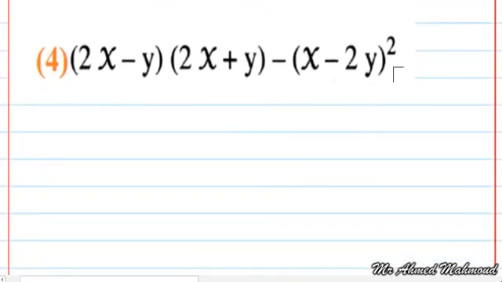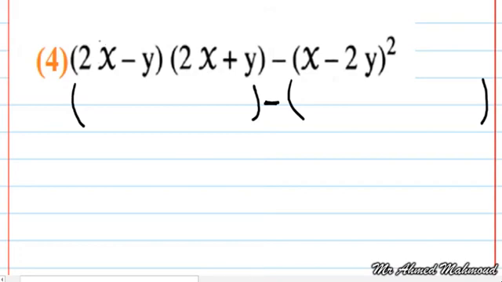This one is also like the previous one. I'm going to expand the first two brackets here, between two brackets, minus bracket to the power of 2 here between two brackets. This one 2x minus y, 2x plus y, this is a special case.